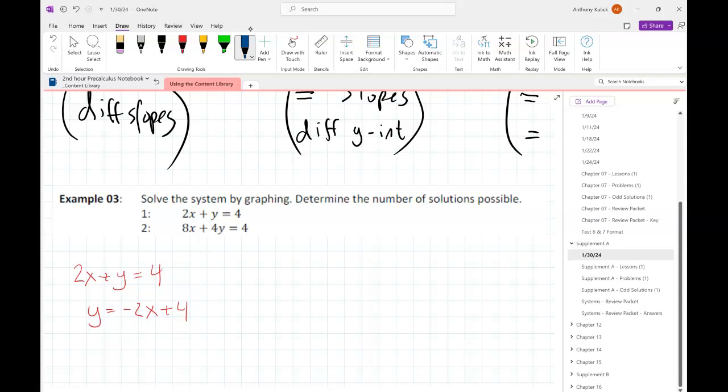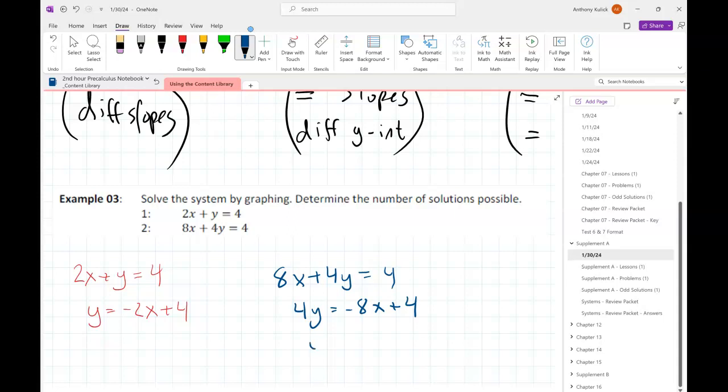And before I plot points, I'm going to do the same thing for equation 2, because now I know some of these solutions I don't even need to generate points to get, right? I just need to look at the equation, because if it's no solution or infinitely many solutions, then I don't have to worry about it. So I'm not going to plot any points yet, because it might just be a waste of my time.